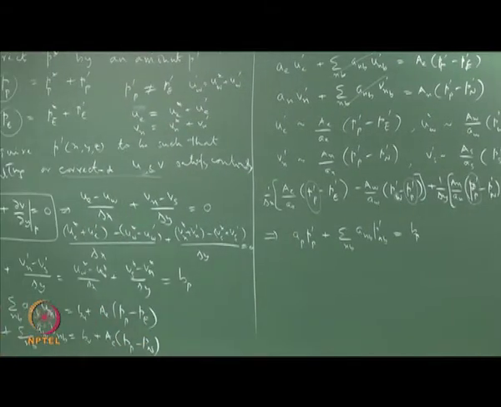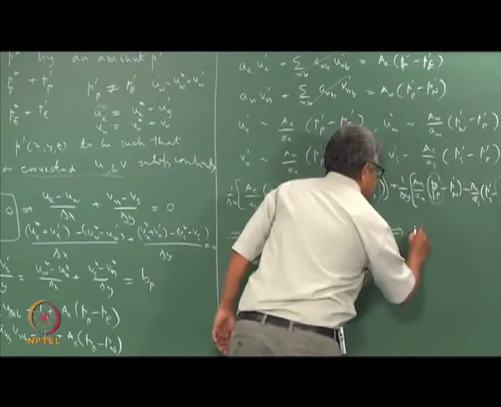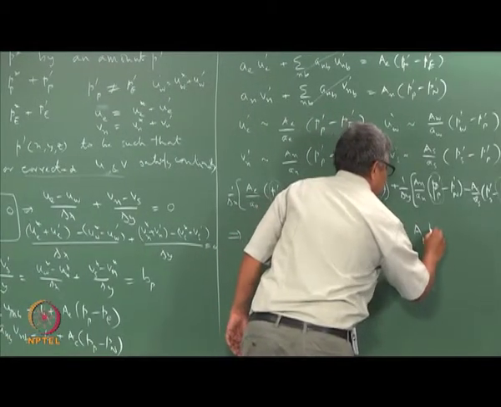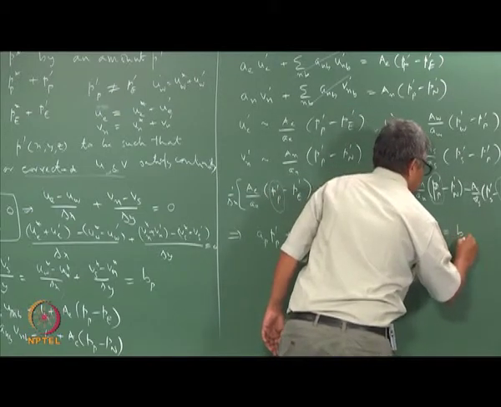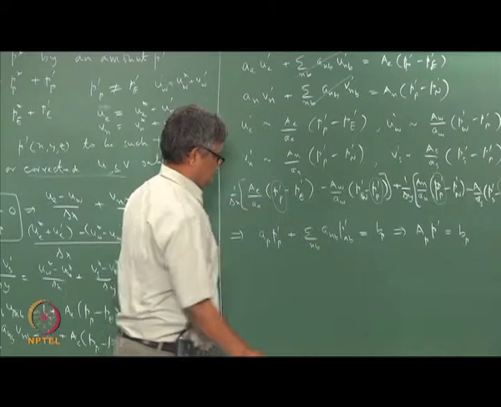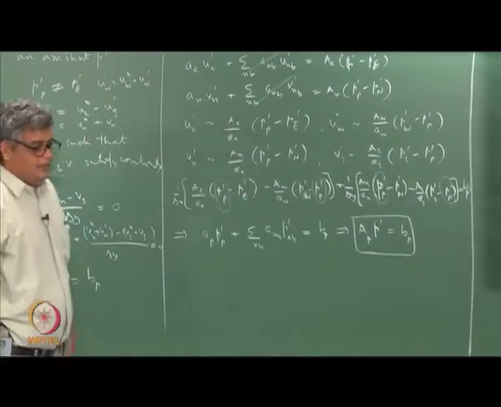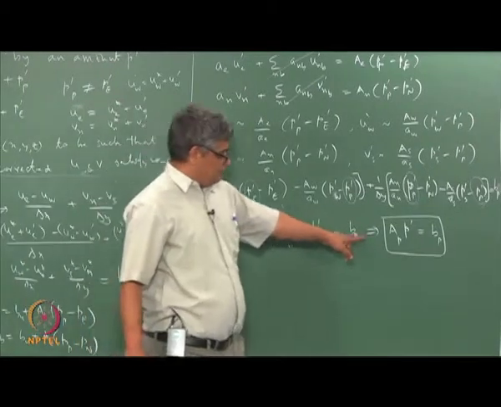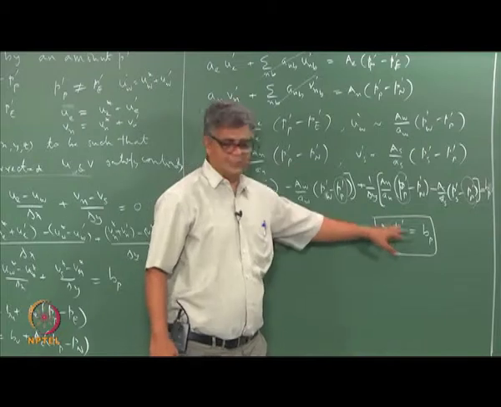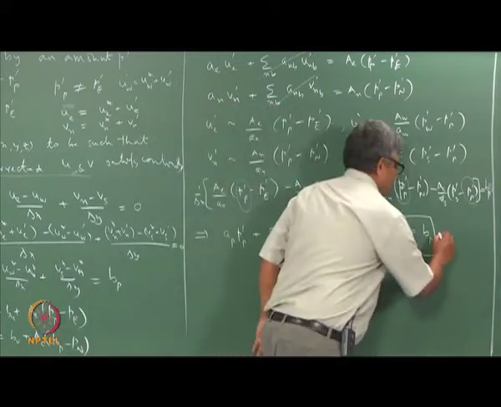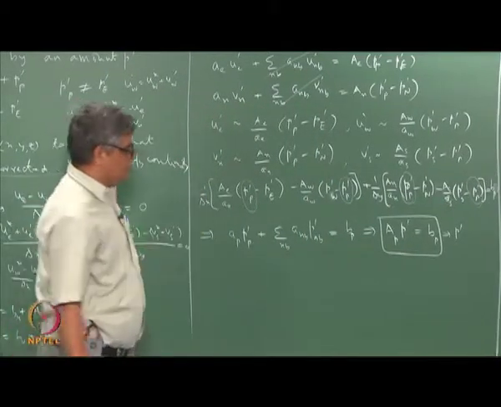Just as we have put here, we can write this also as AP P prime equal to BP. When we put this as a system of equations, by solving this system of equations, we can get P prime at all ijk.